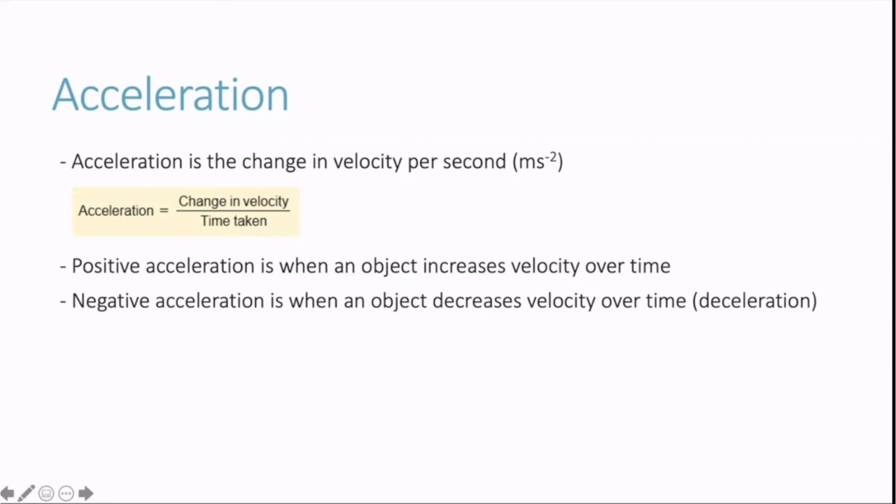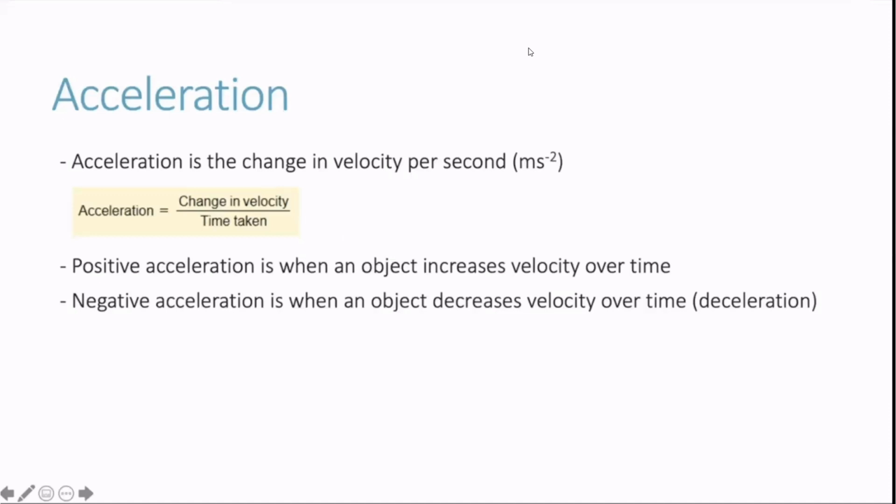So if the body had 500 meters per second speed at time x, and at x plus 5 we have 750 meters per second, the change in velocity with respect to time, which gives us acceleration, would be 250 meters per second upon x plus 5 minus x. So x and x would cancel and we would have 5 seconds.